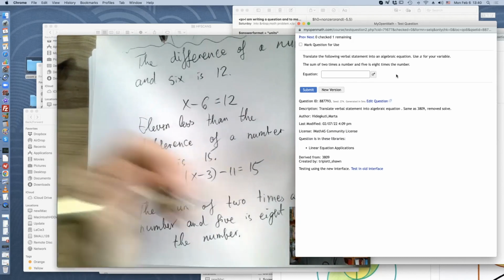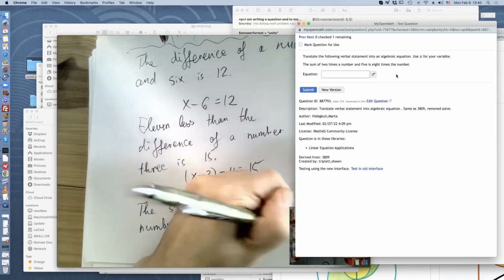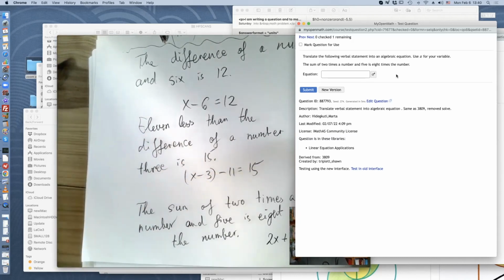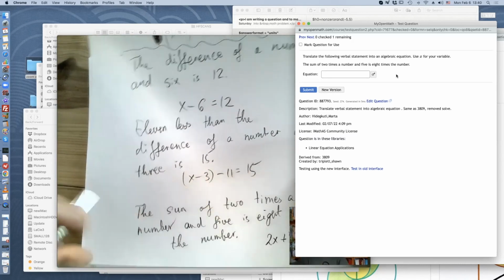So the sum of 2 times the number and 5 is 8 times the number.